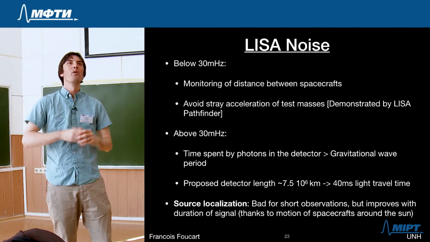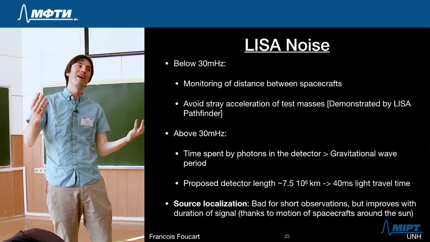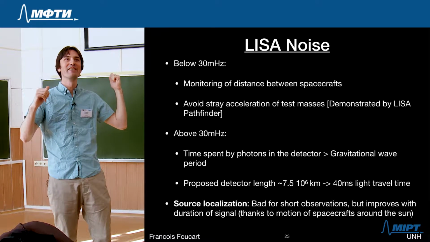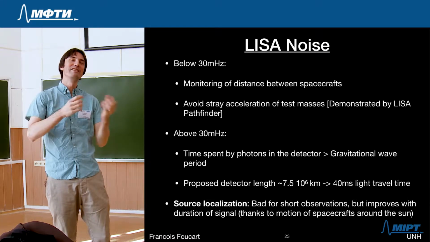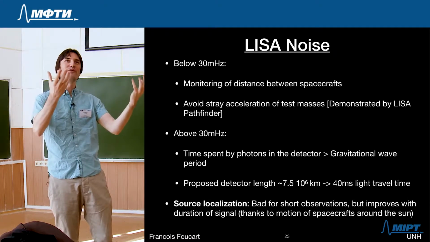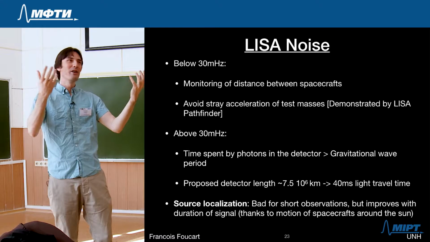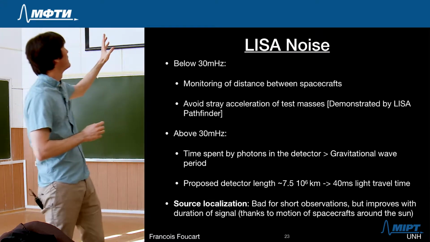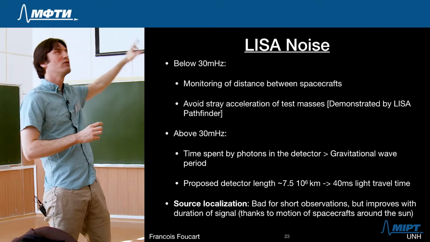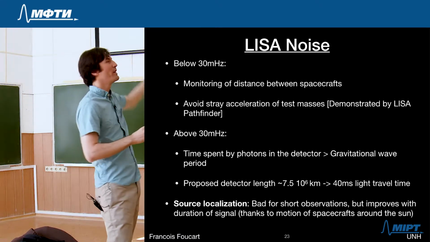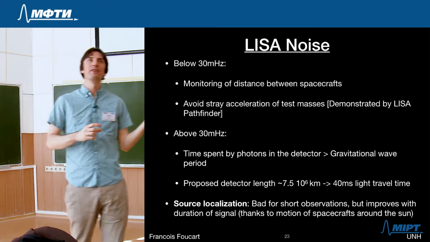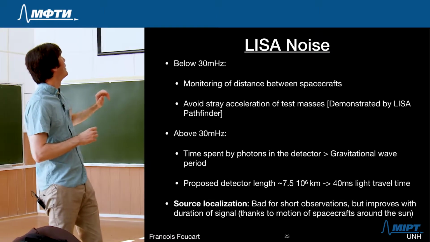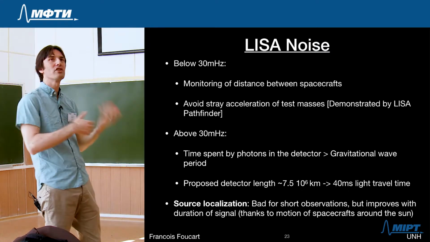It's our ability to know what a free-falling mass should be doing when it is following the Earth a month behind, how well we can maintain a spacecraft in free fall, and how well we can monitor the distance between the spacecraft. Most of that has been demonstrated to the accuracy required by LISA by the one satellite, LISA Pathfinder, that took data a year ago or so.